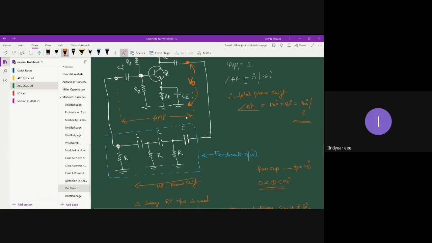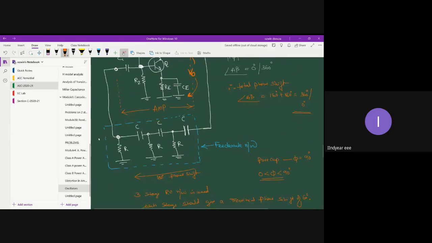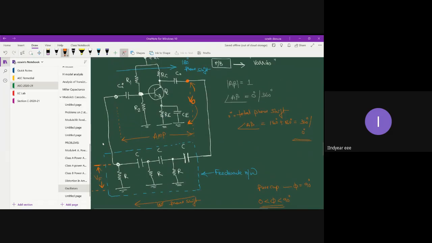On the other hand, the voltage which is measured from the last resistor will be your feedback voltage. Okay.